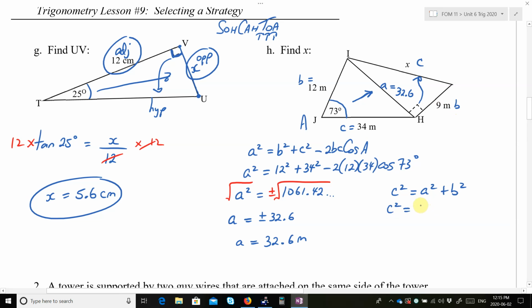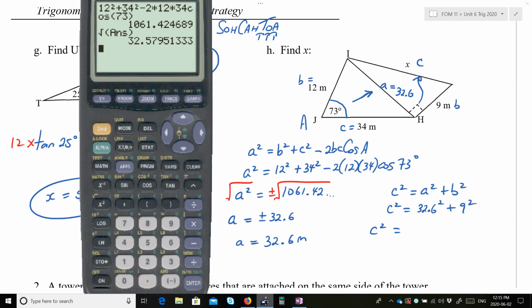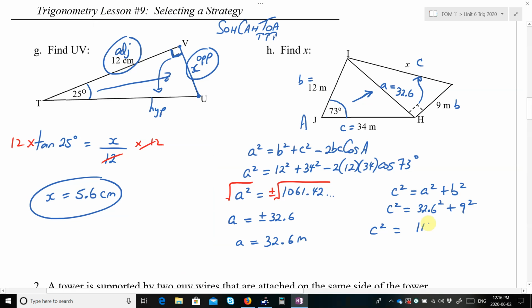C squared is equal to 32.6 squared plus b is 9 squared. Wonder how they're going to do the rounding. Maybe if we just try 32.6 squared plus 9 squared, and we get 1143.76. And then square root.